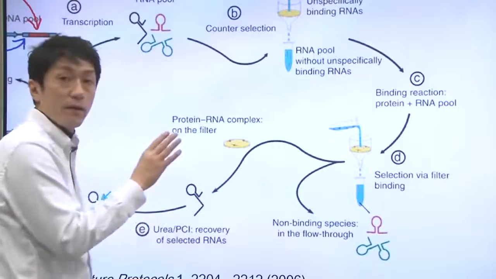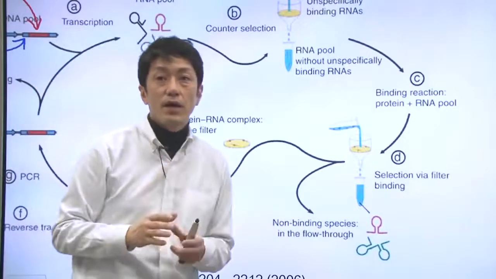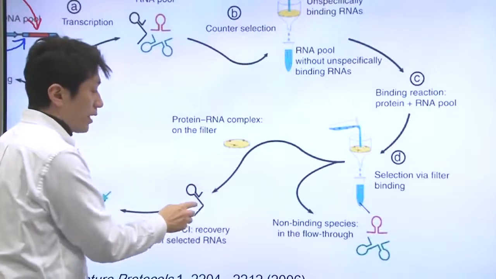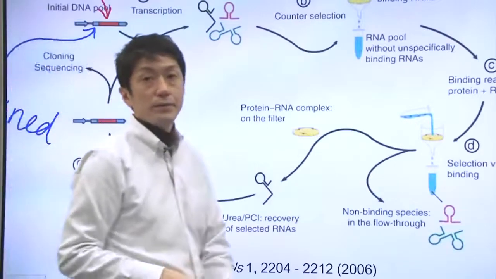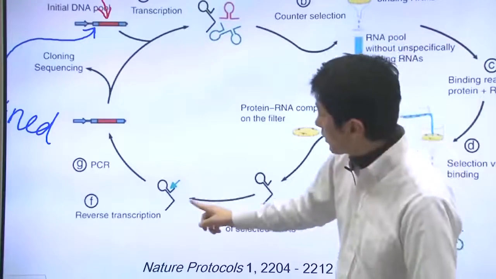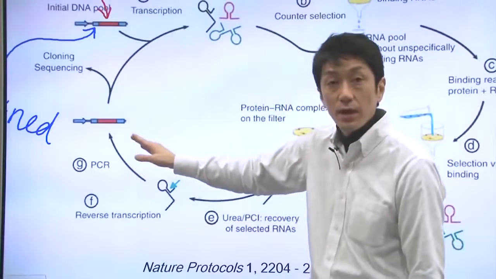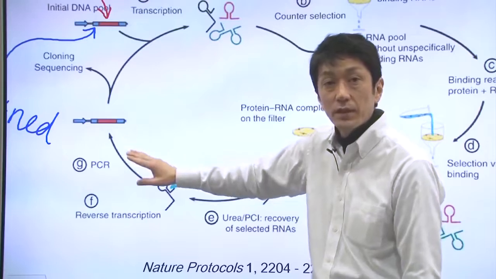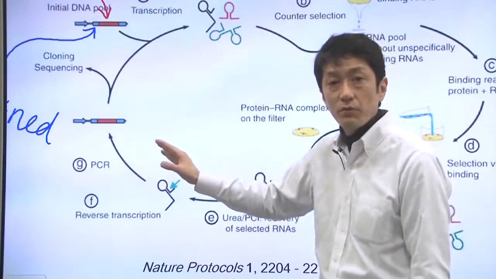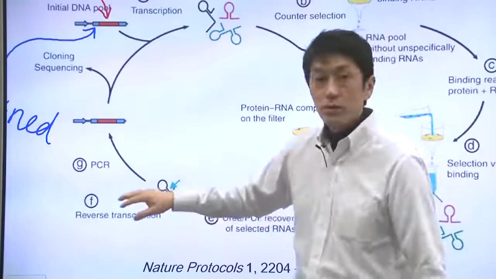So these rare protein X binding RNAs will then be converted into DNA by a special enzyme called reverse transcriptase. You get DNA back. The resulting DNA molecules will be amplified with the PCR method.